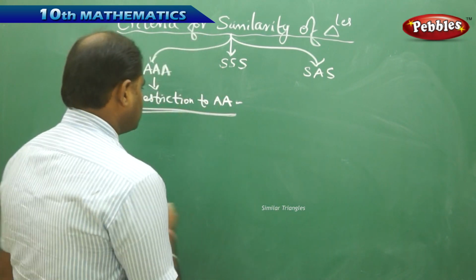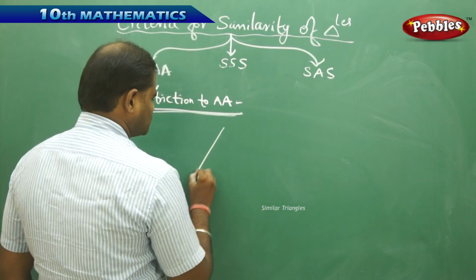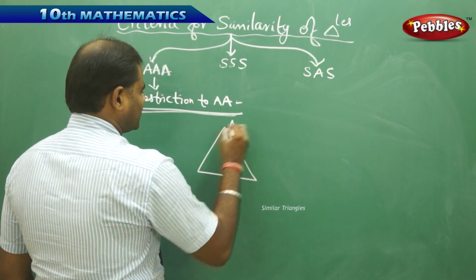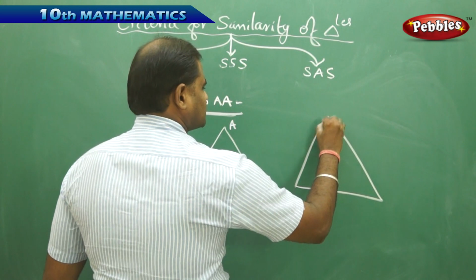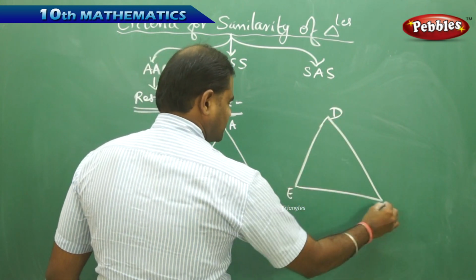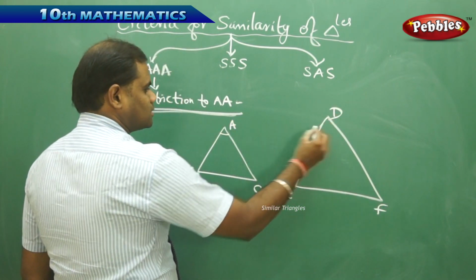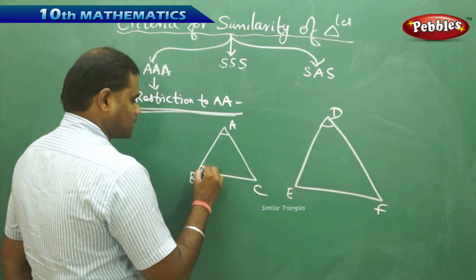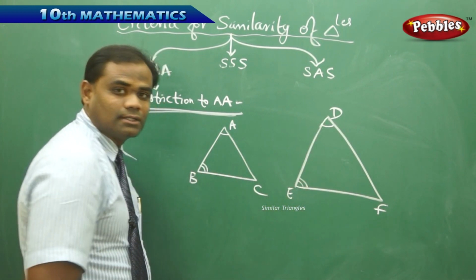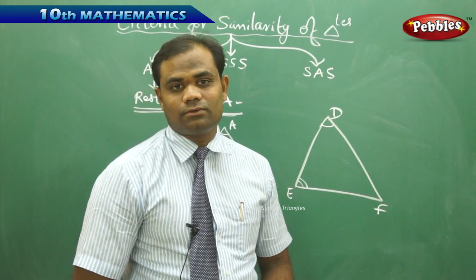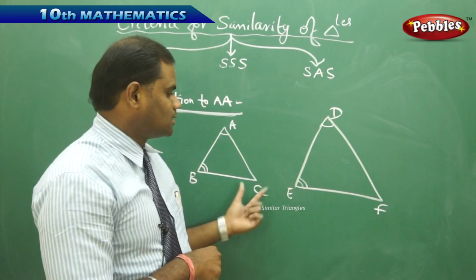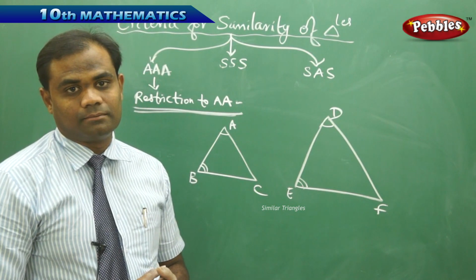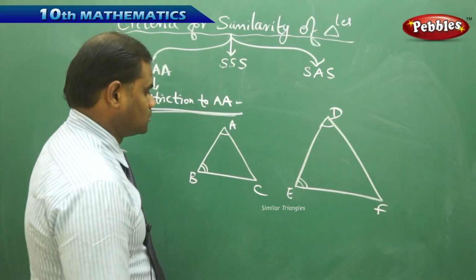Take, for example, two triangles ABC and DEF, in which angle A is equal to angle D and angle B is equal to angle E, but angle C is not equal to angle F. Let's see if, based on these two angles, the third angle is the same, which is what we are going to prove.